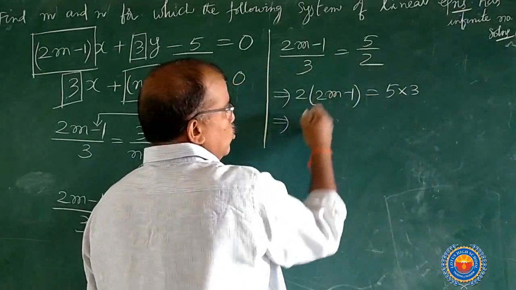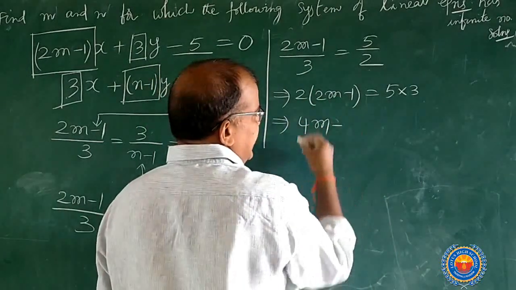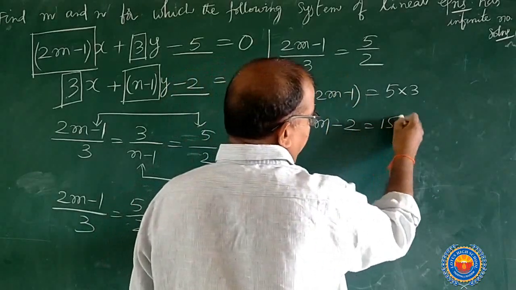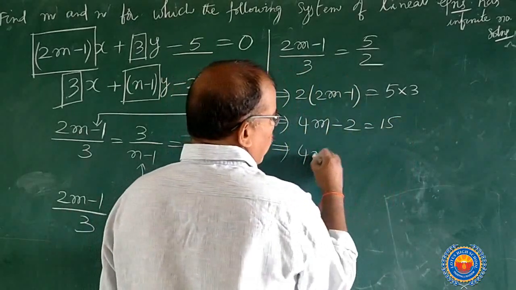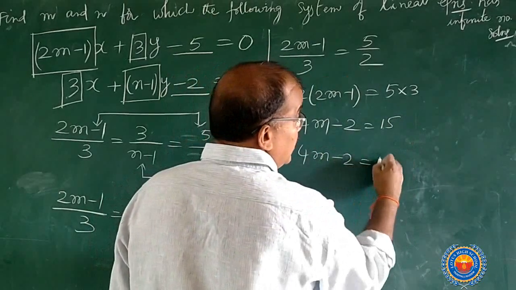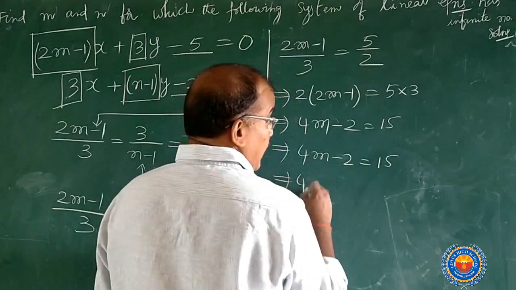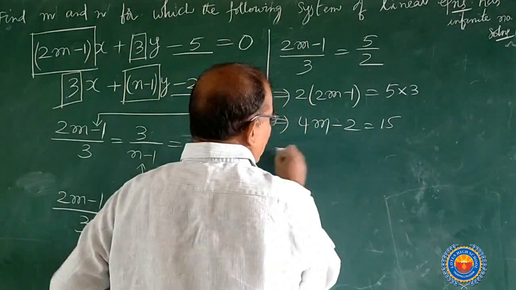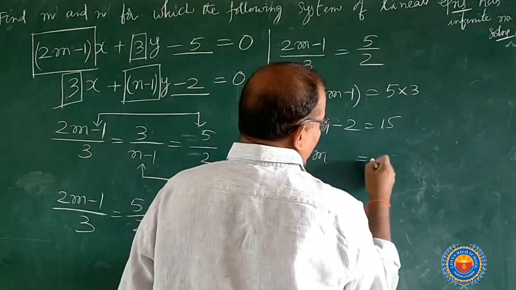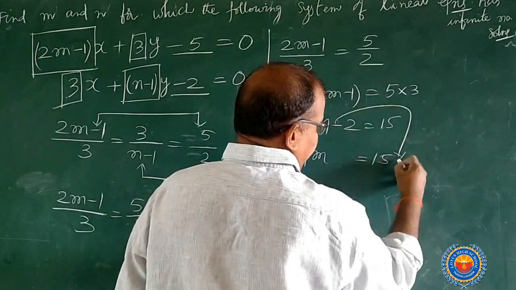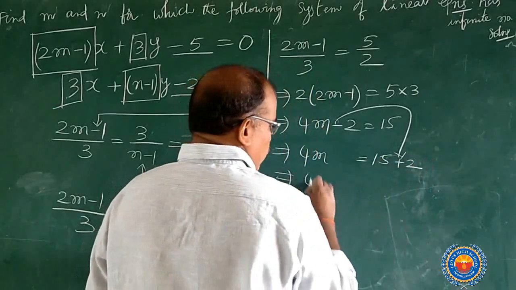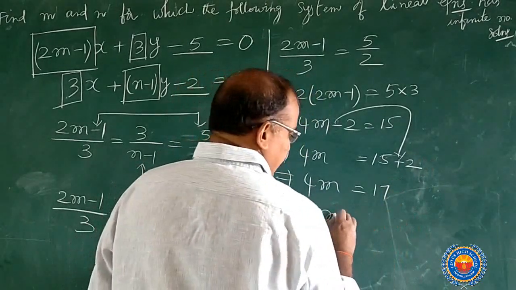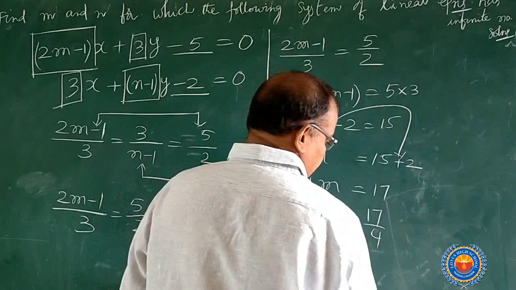That implies 4m minus 2 is equal to 15. 4m is equal to 15 plus 2. That implies 4m is equal to 17, so m is equal to 17 by 4. I got the m value here.